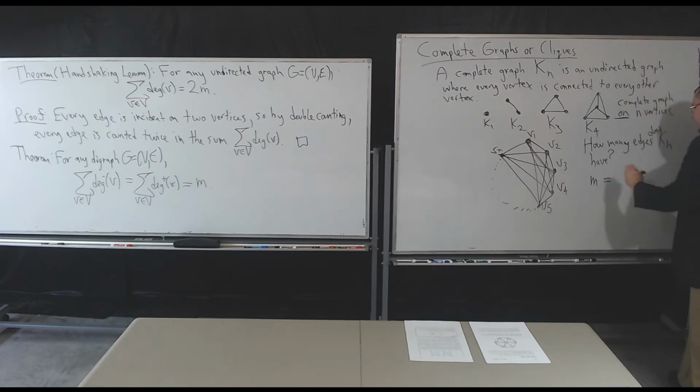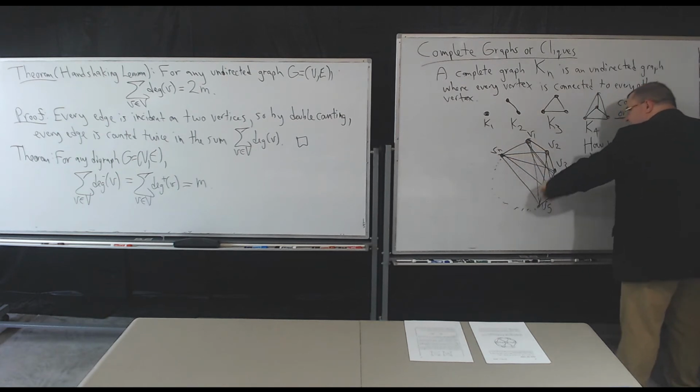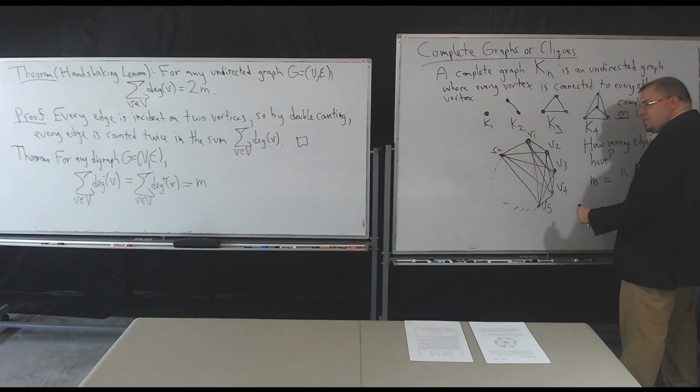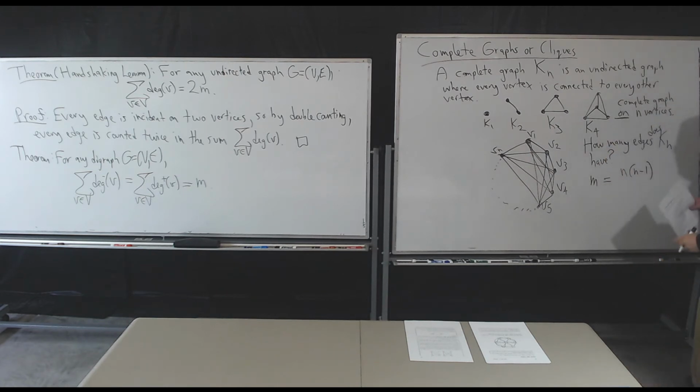Well, I have one vertex. I connect that vertex to n minus 1 other neighbors. So if I start here, I connect an edge to how many neighbors? N minus 1 many. So I have n minus 1 edges for one vertex. I do this for all n of them, right?